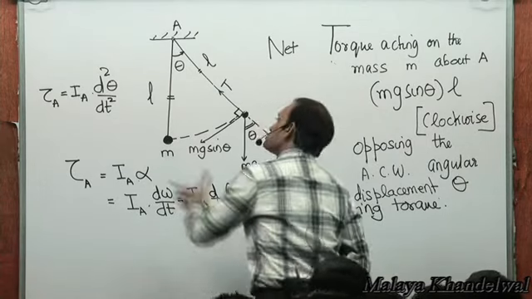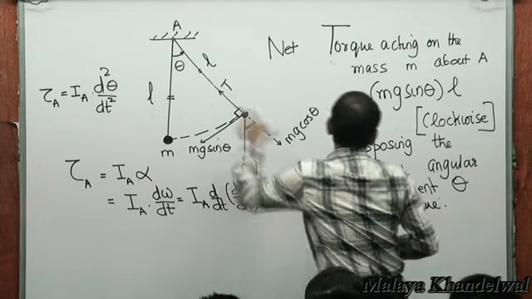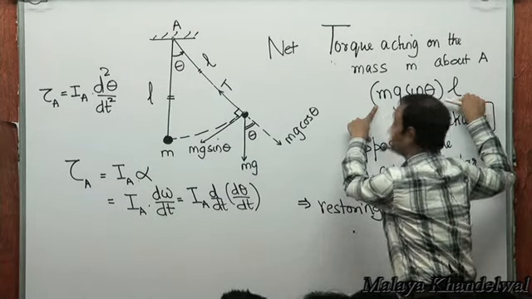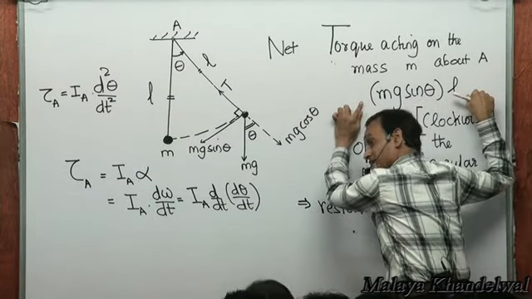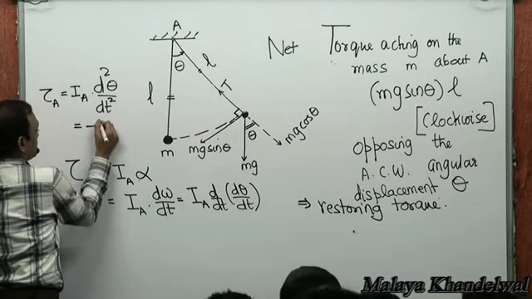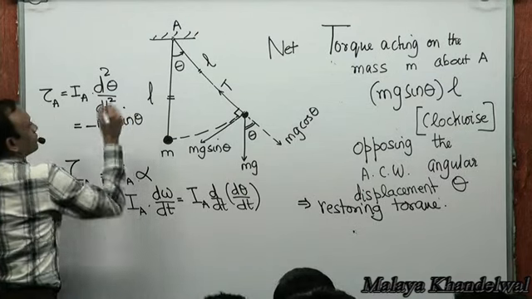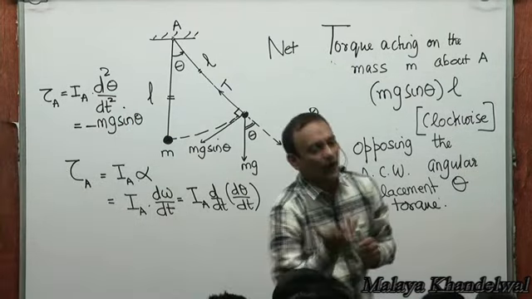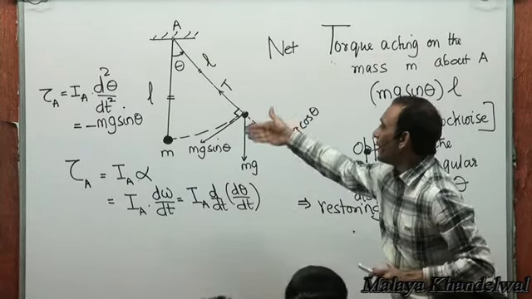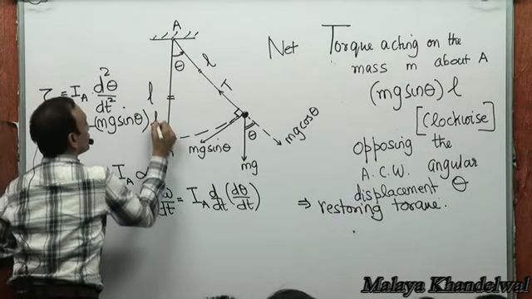Now this is the torque at all times, and in this case the magnitude of this torque is mg sine theta into L. But since it's clockwise, I would write this as minus mg sine theta, because I've chosen anti-clockwise positive, clockwise negative. So this torque should be written as minus mg sine theta into L, right?